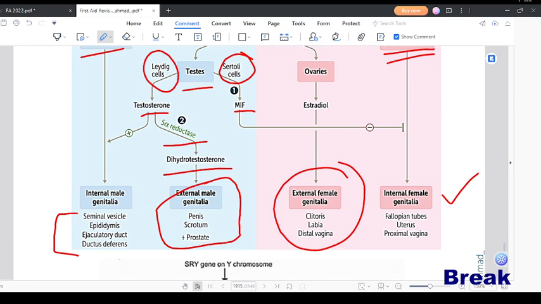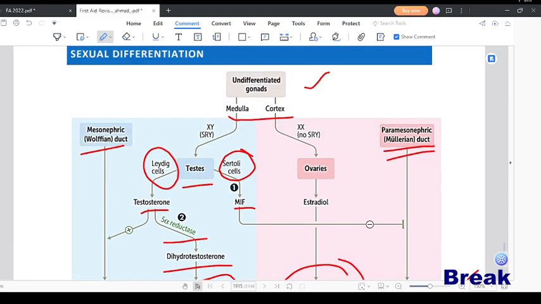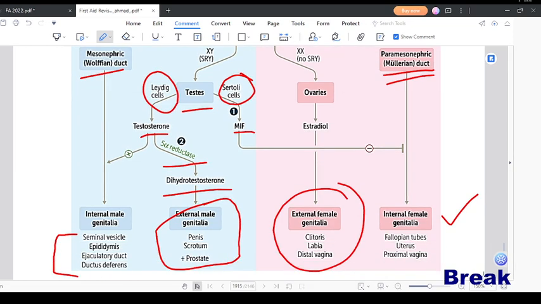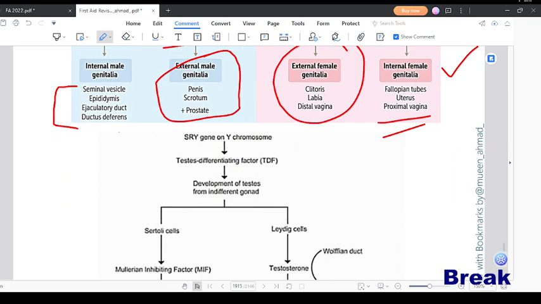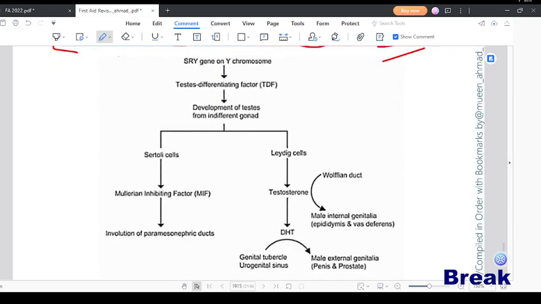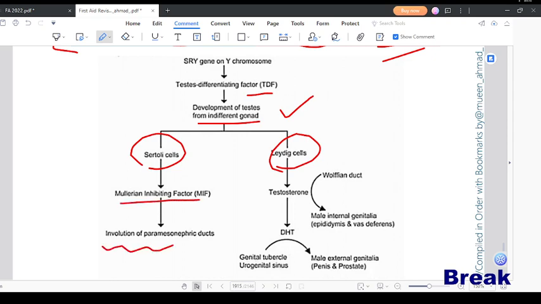The mesonephric duct, also called the Wolffian duct, in males, and the paramesonephric duct, the Mullerian duct, in females. Internal genitalia are the fallopian tubes, uterus, and proximal vagina. Here we have the SRY gene on the Y chromosome, which leads to the testis determining factor and development of the testis from indifferent gonads. This leads to the development of Sertoli cells and Leydig cells. Sertoli cells cause Mullerian inhibiting factor development, and involution of the paramesonephric duct will occur.